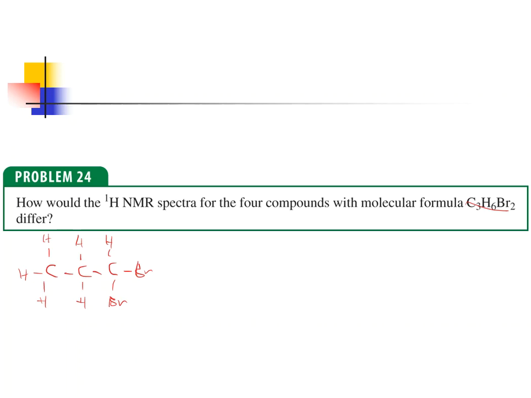So I would need to describe the NMR of that structure if we analyzed it in one of those instruments. What would that thing look like? How many shifts, and then how many splits, or the multiplicity of each shift that we happen to have? All right. So next up, there's a different way that these things can come together. So instead of both of these bromines on that carbon at the end, I could see one on the end and maybe one in the middle.